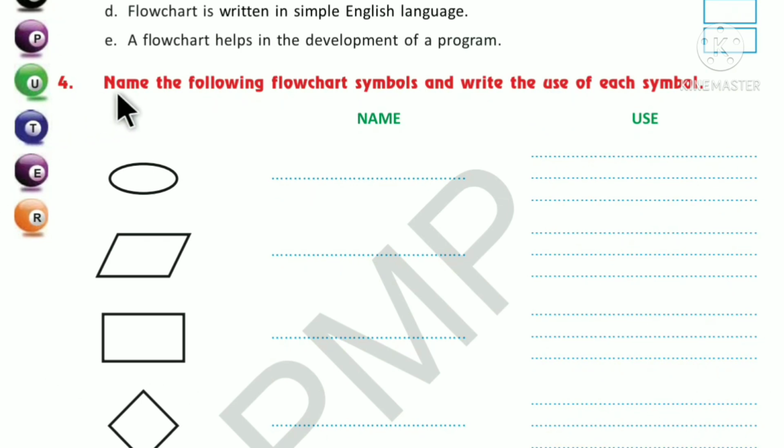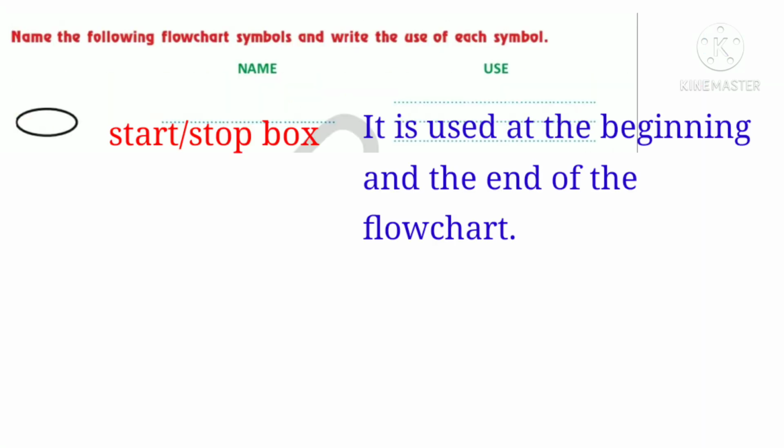4. Name the following flowchart symbols and write the use of each symbol. Here the symbols are given, name and use. First, oval, and the name is start stop box.